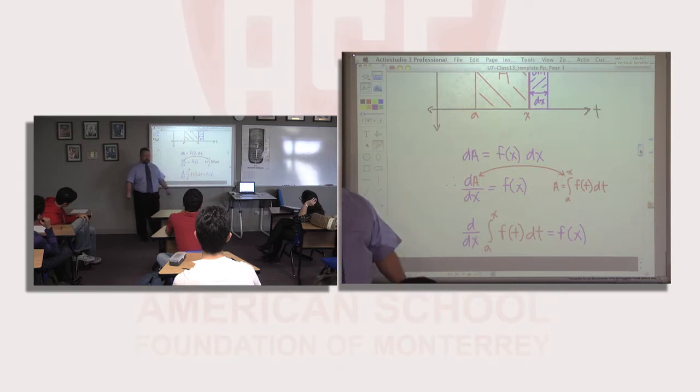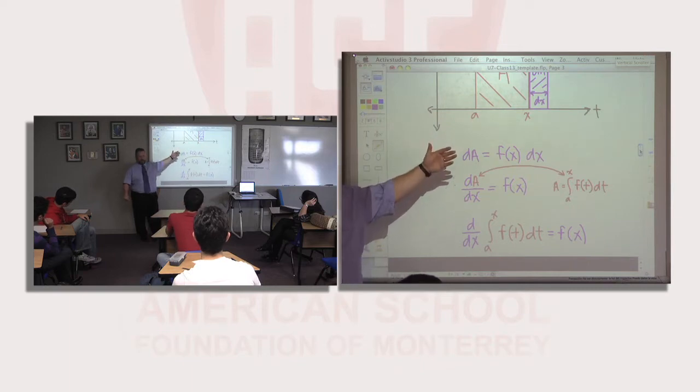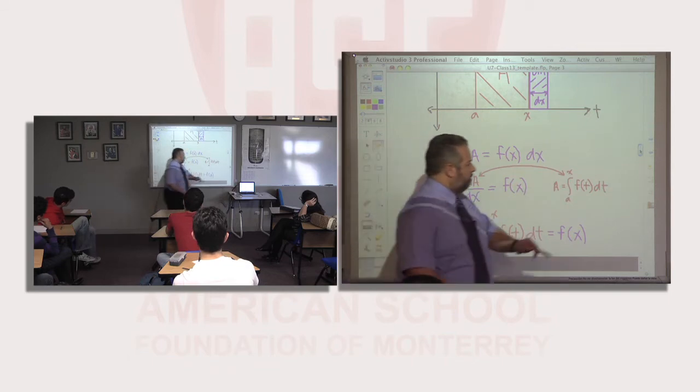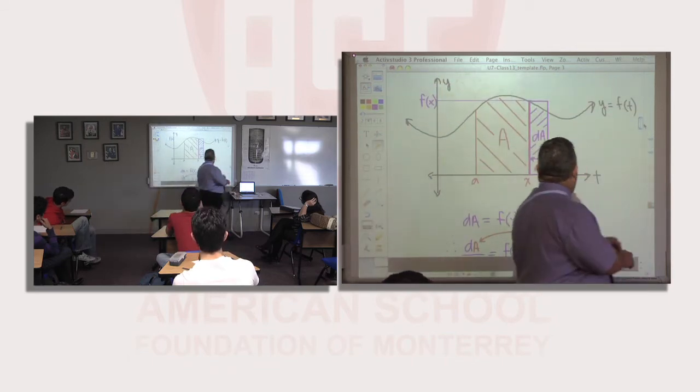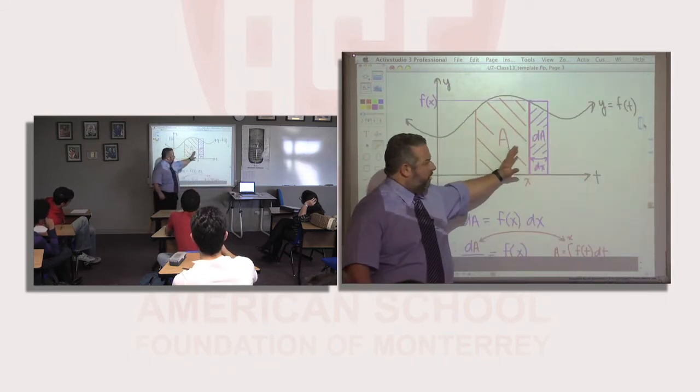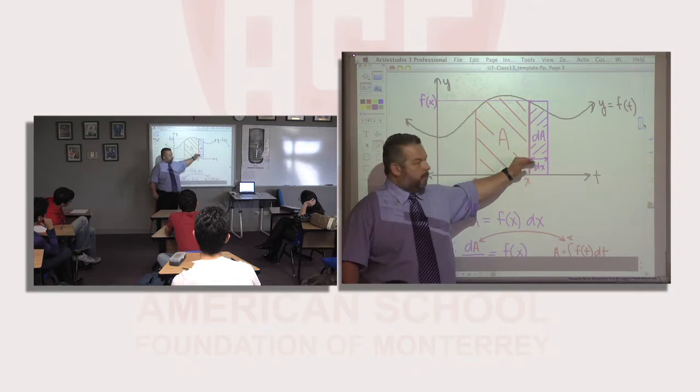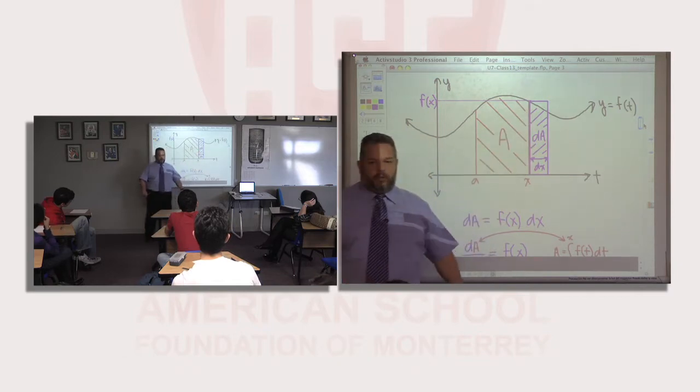What does it equal? The function, f at x, which in this picture is the height of the curve. So really all this is saying is, let me bring this picture back, the rate at which this area is changing is equal to the height of the curve.